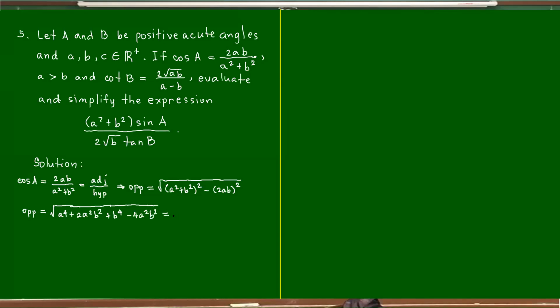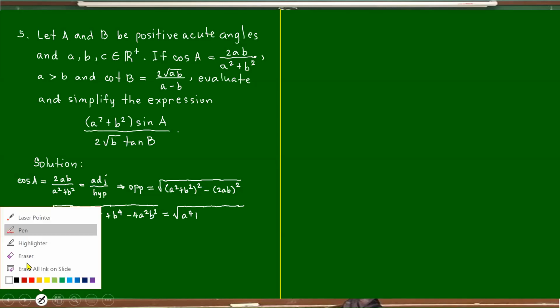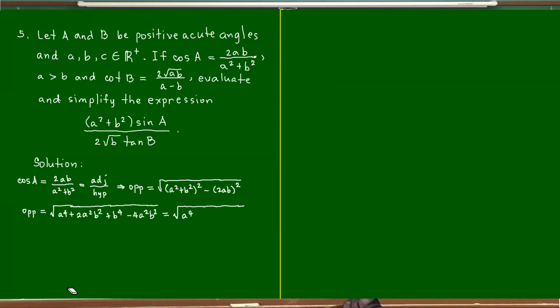So we can simplify the radicand by combining similar terms. What are the similar terms? We have A to the fourth, plus, it will now become minus 2A squared B squared, and then finally B to the fourth.